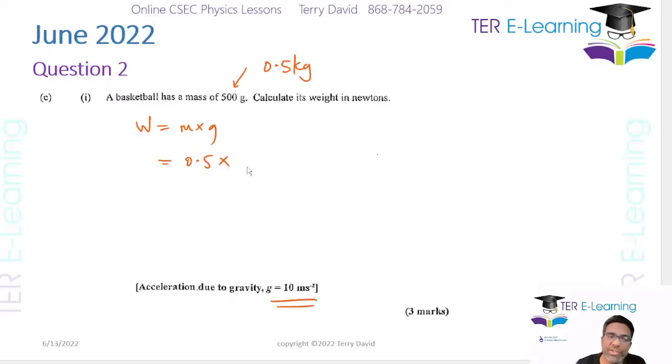They gave us g here, g is 10. So the answer is simply 0.5 by 10, which is going to be 5 newtons. So 3 marks for that. Easy stuff.